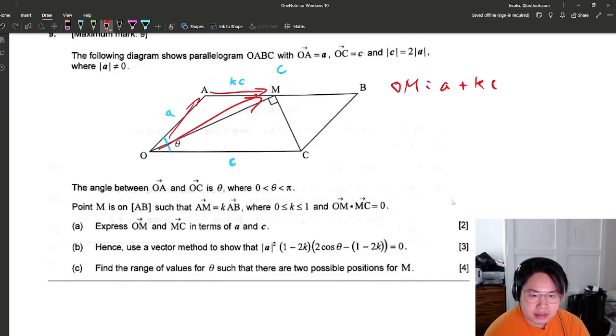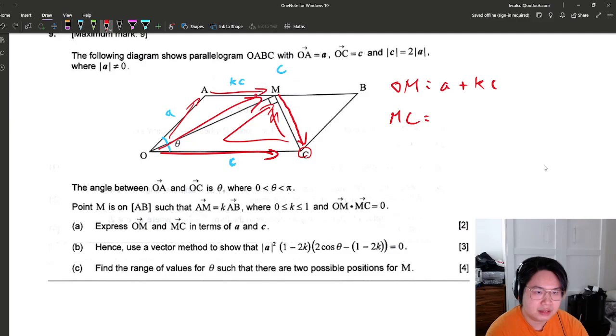And then M to C, this is a vector subtraction of OM and OC, and I always forget what the order is. I want it to end here, right? So if I go this way, it would go that way.